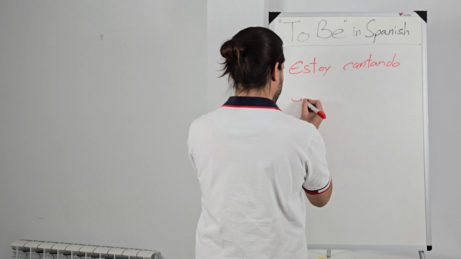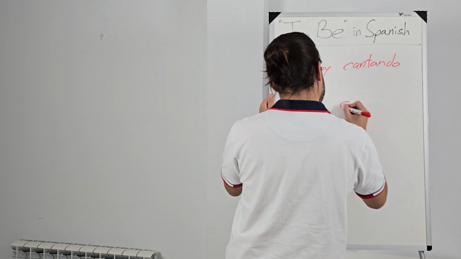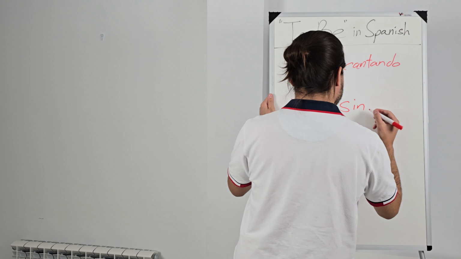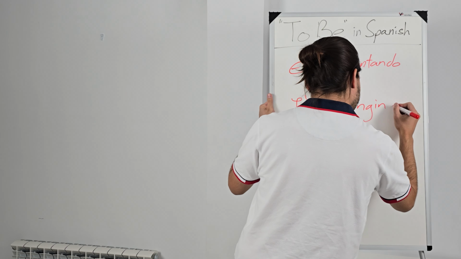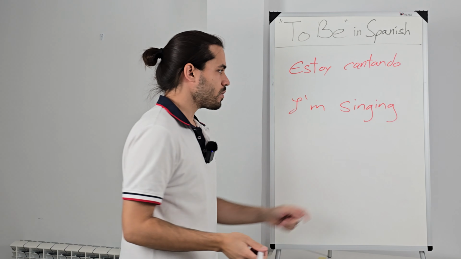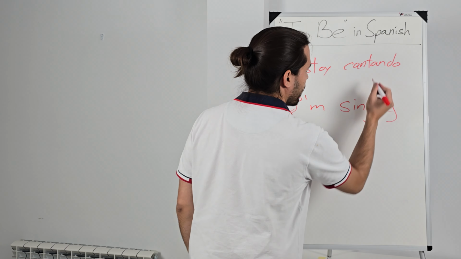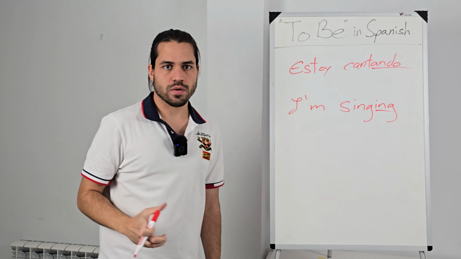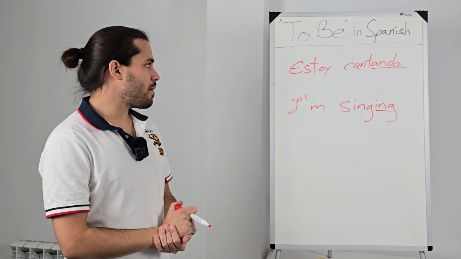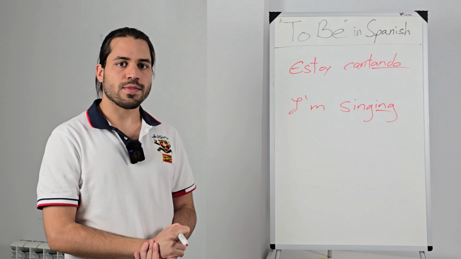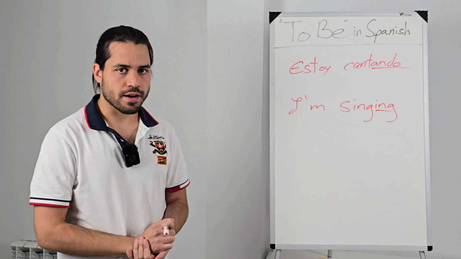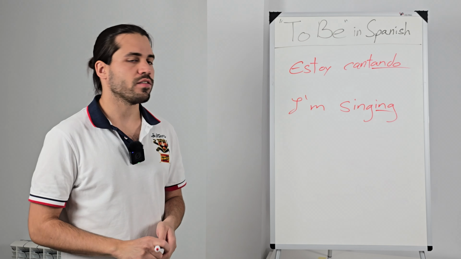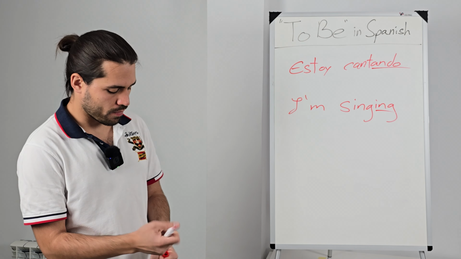Right? I'm singing. I'm singing in the rain. This is what I mean by the continuous. Anytime you're using a word that ends in ando or yendo, chances are you're going to use estar, right? And this is the I form of estar.